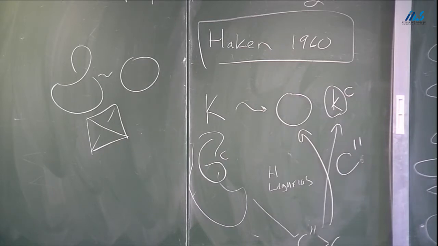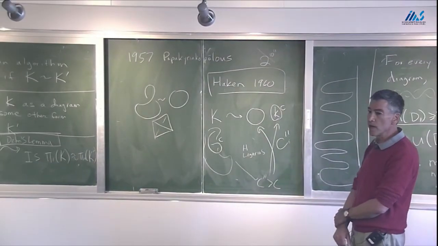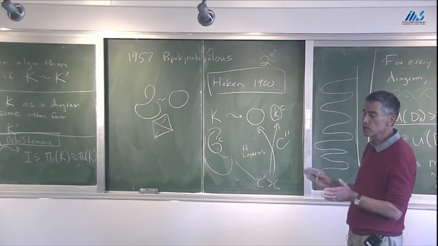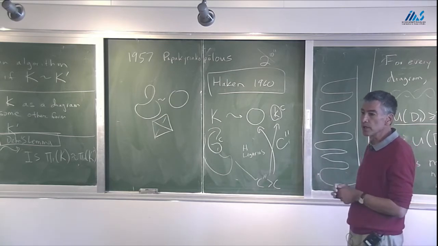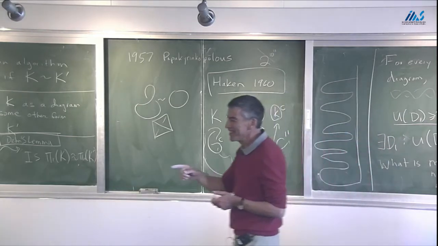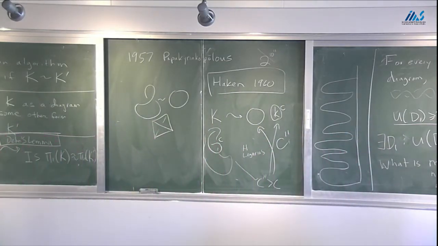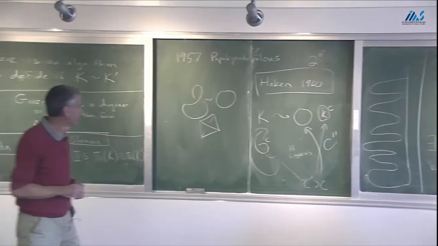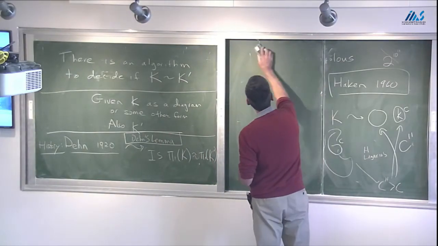Is there a lower bound on how many moves you have to do? Known examples, I don't know any examples of two knots where you have to do more than a linear number to get from one to the other. Oh, wait a minute. Quadratic number. It's a paper of Tom's and mine. I meant to say quadratic, yeah.